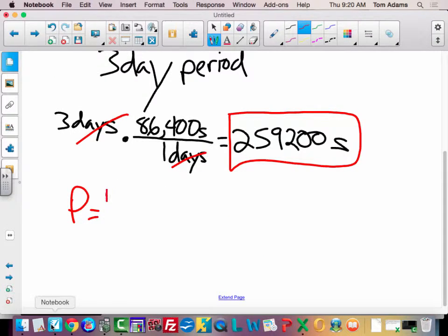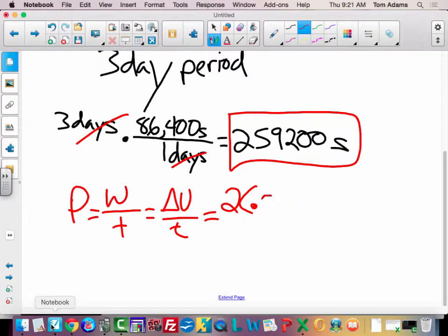So power is work done over time. Work can be the change in potential energy over time. My potential energy is 2 times the mass of each object times gravity, 9.8, times delta y, or delta h, or you could also say d for displacement.